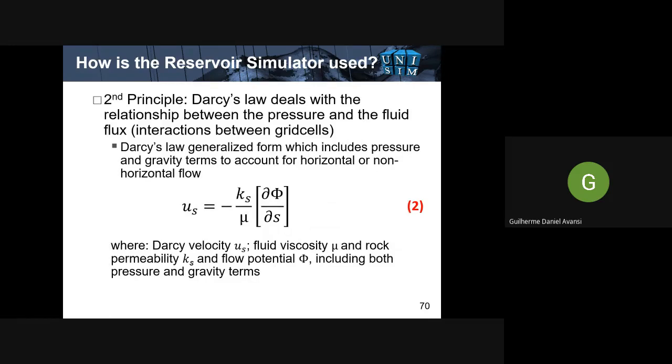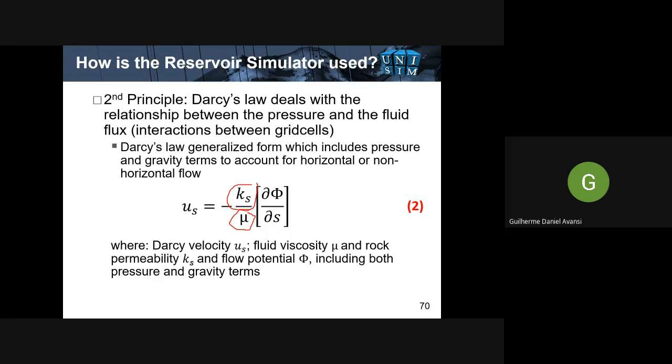So this is the generalized Darcy law equation. This generalized Darcy law equation takes into account the permeability, right? And also the fluid viscosity here. And also the gradient of the pressure here. So it's the flow potential.